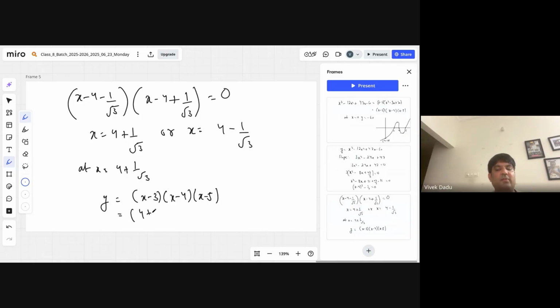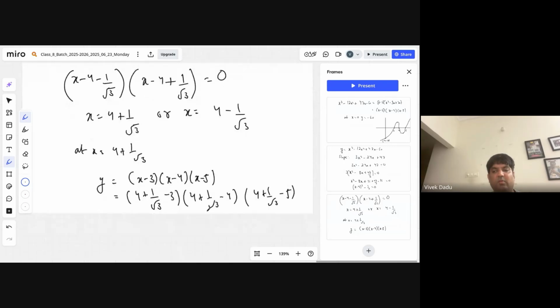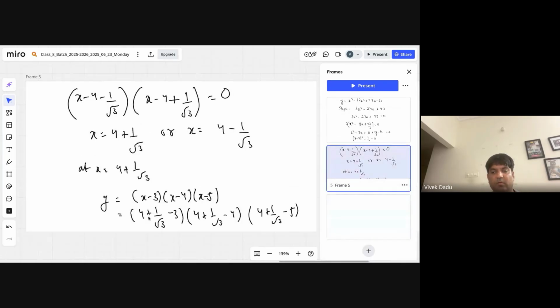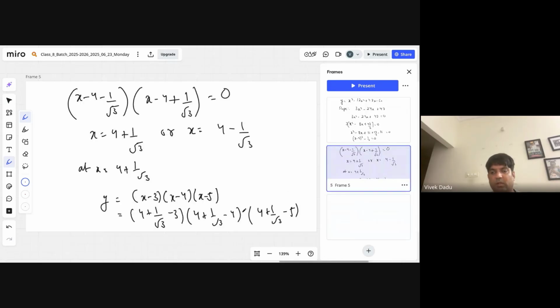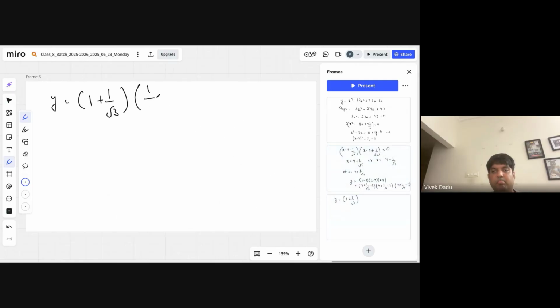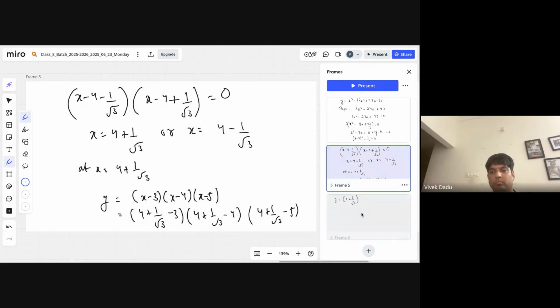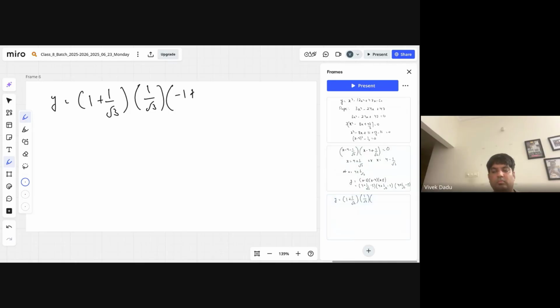Now if you put 4 plus 1 by root 3 in place of x, see what you get. 4 minus 1 plus 1. And then 1 by root 3. Minus 1 plus.